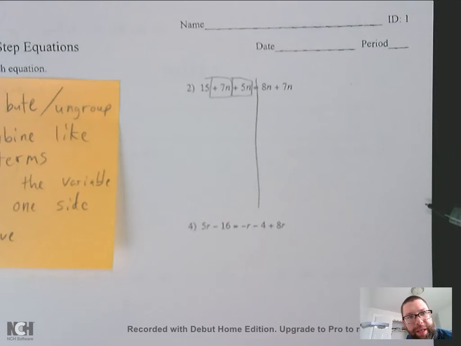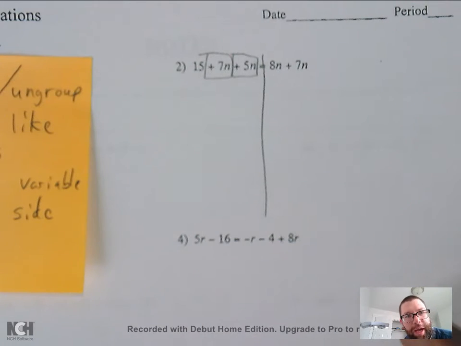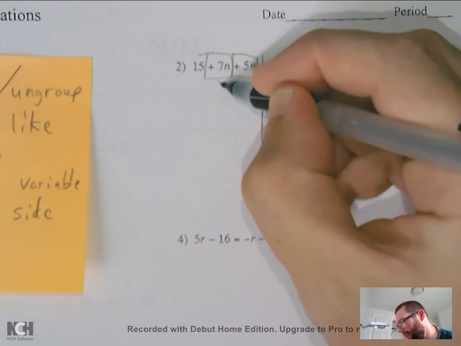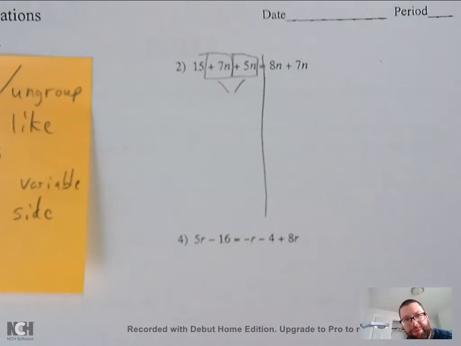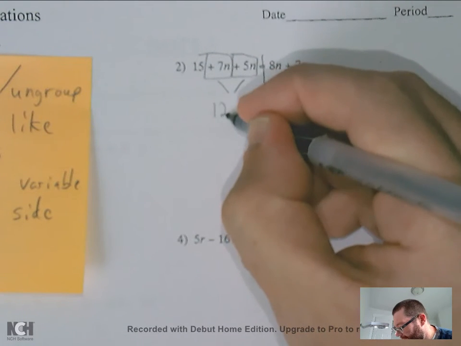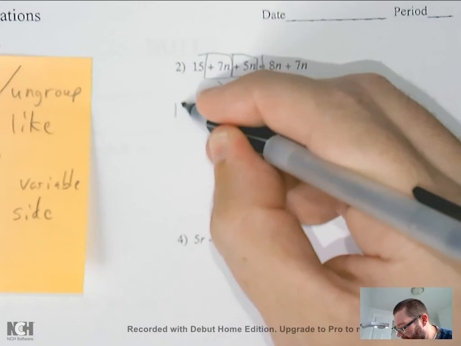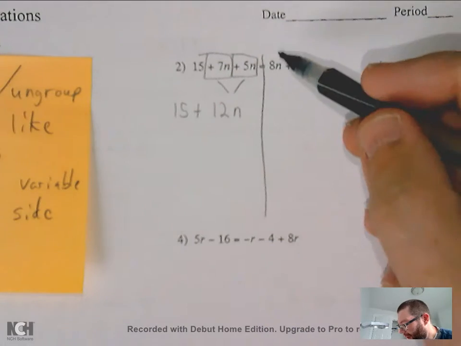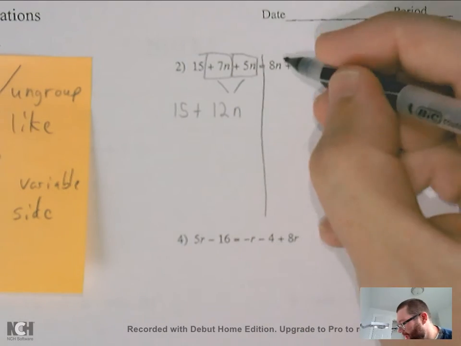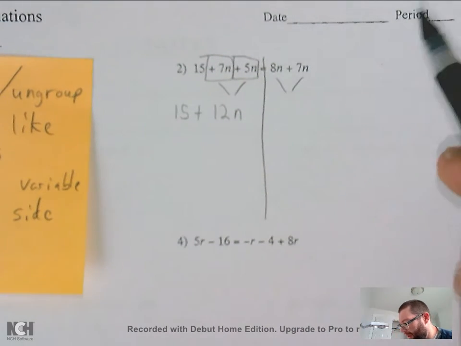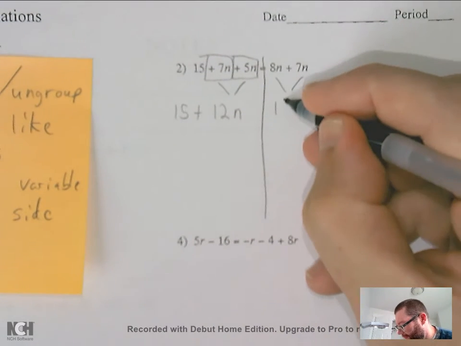They're both positive, so 7n plus 5n is 12n, and the 15 is still in front: 15 plus 12n. On this side, both terms have an n and are positive, so 8n plus 7n is 15n.